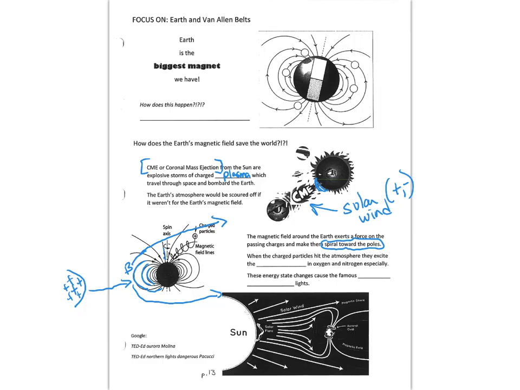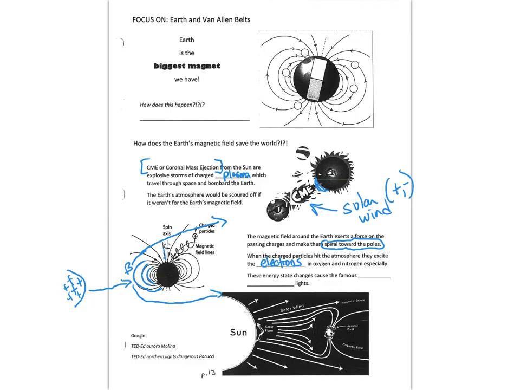Those charged particles hit our atmosphere. They run into the oxygen and nitrogen, and they excite the electrons. The electrons inside the atoms feel that extra energy from that plasma, which makes them excited. You probably remember in chemistry that when electrons get excited, they also relax back down to their ground state.